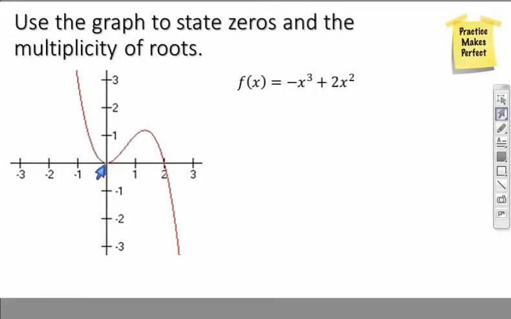Now we have to determine, is it 0 or is it the 2? So the way we're going to do this is, well, I'm looking at the wrong problem. No, I wasn't. I was looking at the correct problem.